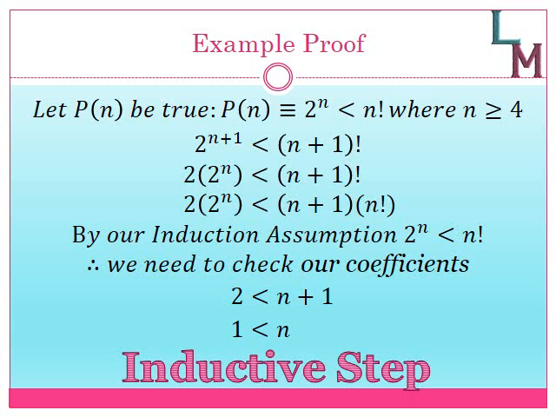So the way that we're able to do induction, like I just said, is we prove that it works for the first term. So we're going to say that we have a statement. We'll call it P of n. And we're going to say, let P of n be true. And P of n is the fact that 2 to the n is less than n factorial, where n is greater than or equal to 4.